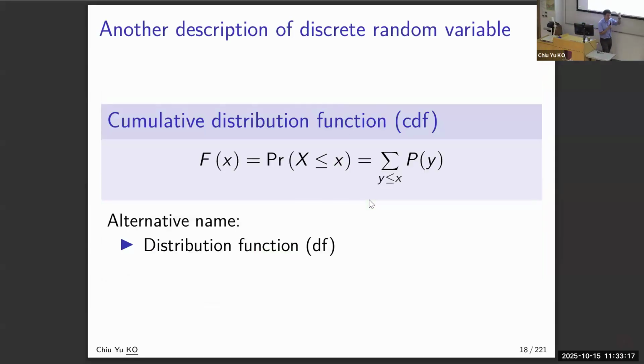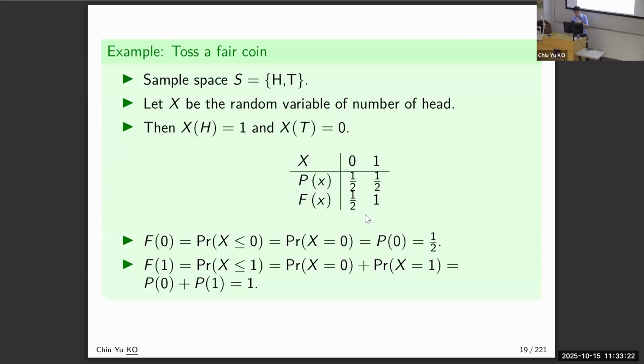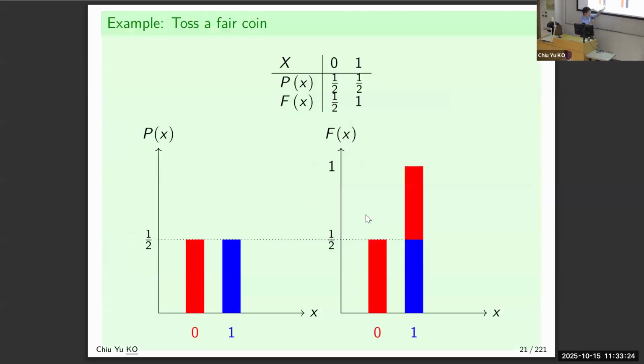And big F is the probability that the random variable is less than or equal to that number. What does that mean? Big F comes from stacking the P's, like building a Lego tower. Look at 1 here: it's adding the red on top, which gives you F. So you can always go from P to F or from F to P, because the difference between two neighboring bars gives you the value.